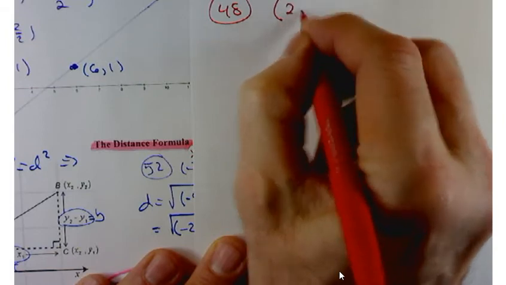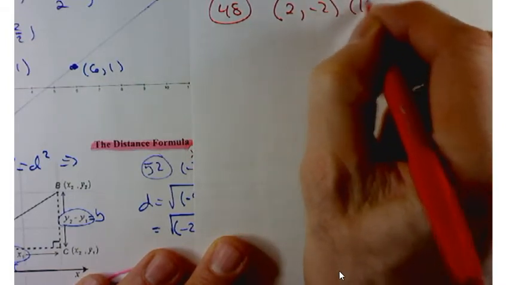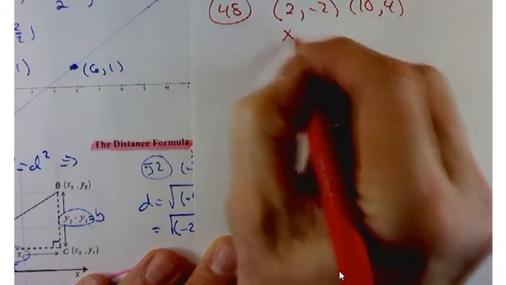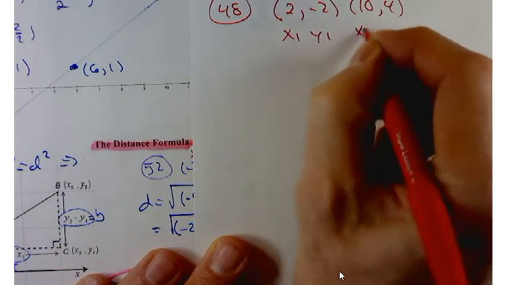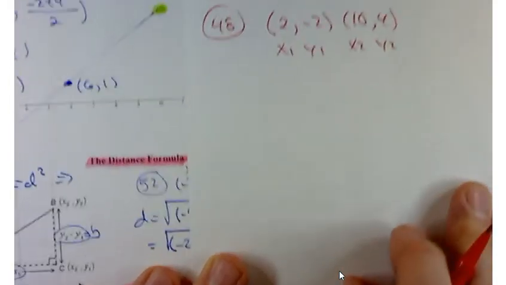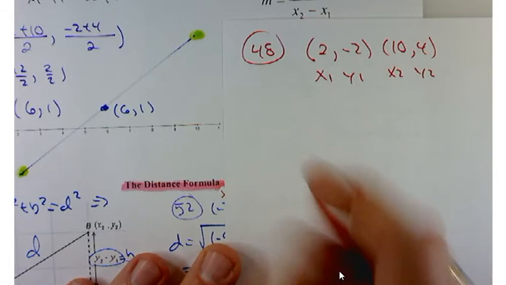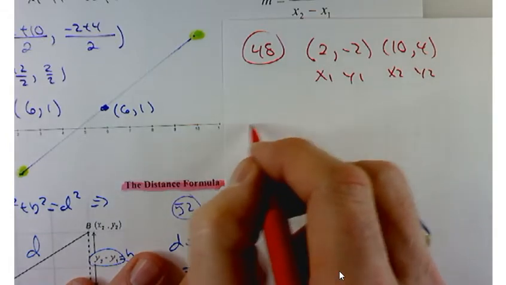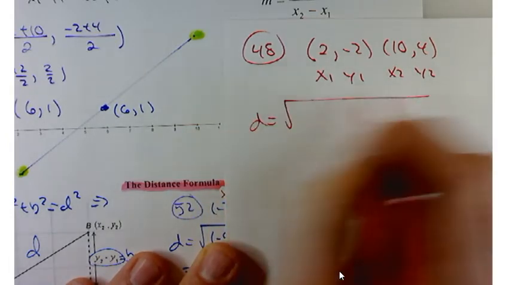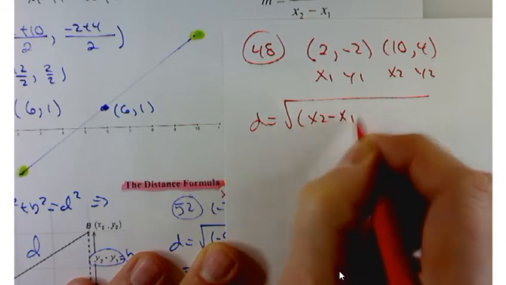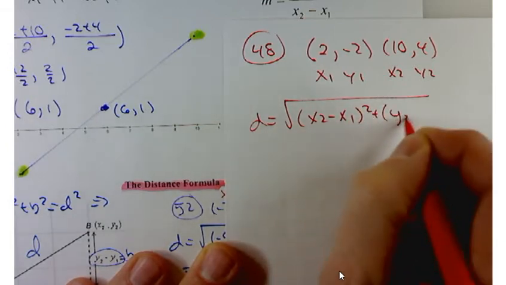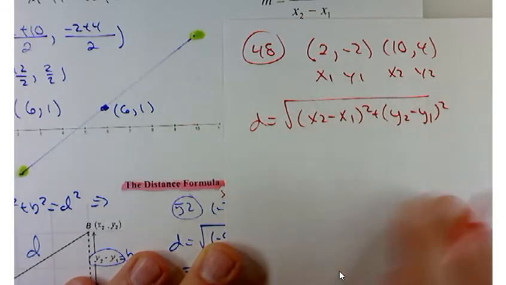So we've got 2, -2, and 10 and 4. So that's your x1, y1, x2, and y2. See if you can fill in the distance formula on this one. x2 minus x1 squared plus y2 minus y1 squared.